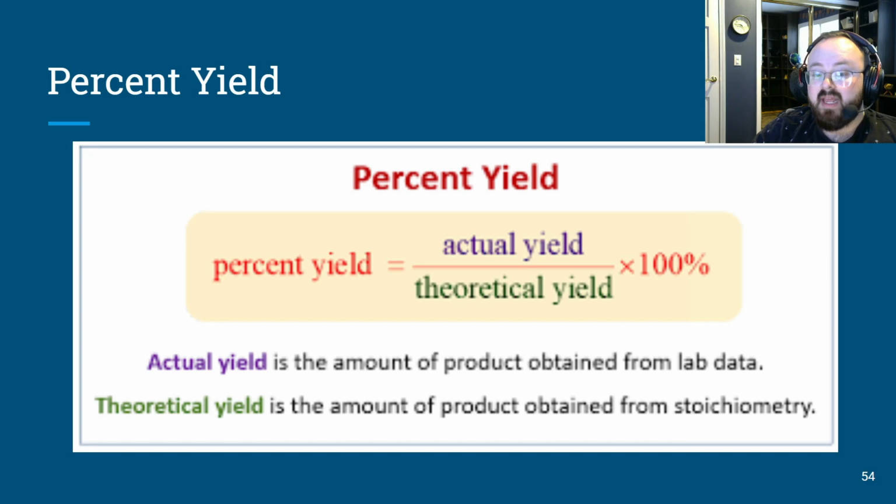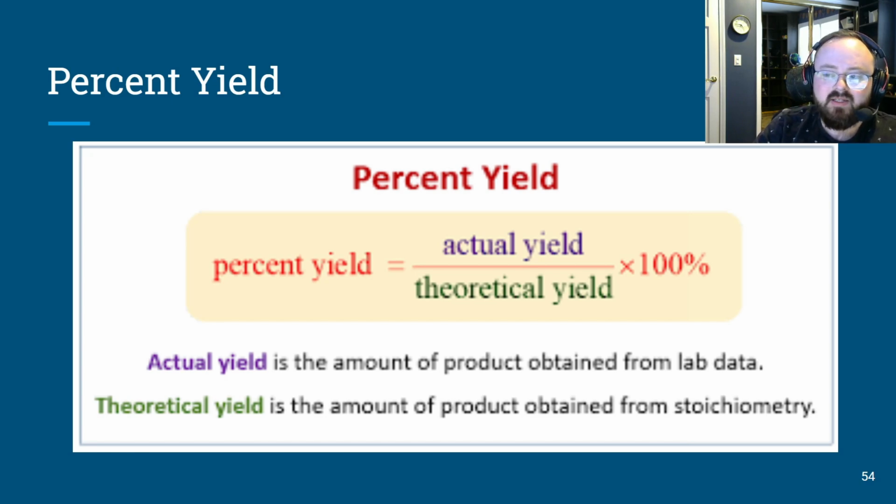Sometimes you might make a mistake and get a higher yield. Sometimes certain chemical reactions may give you a side reaction, especially true in organic chemistry, where things don't always work the way that you want them to work, and you end up with not everything that you want. That's just kind of the nature of it.